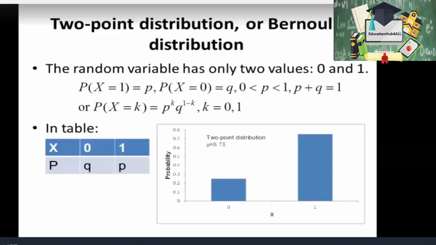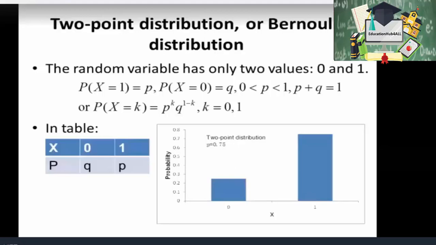There's no distribution more simple than this one. There are only 2 possible values, and each one has a probability. There are actually a lot of distributions like this.